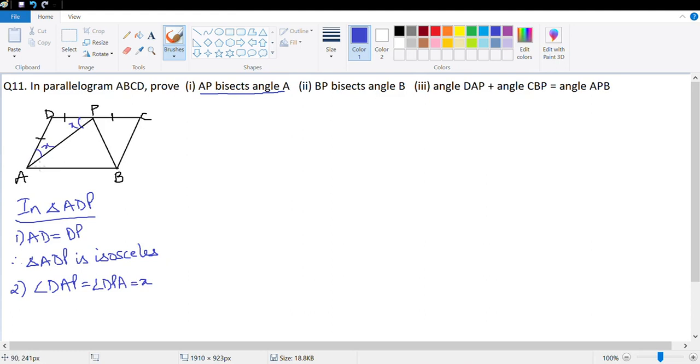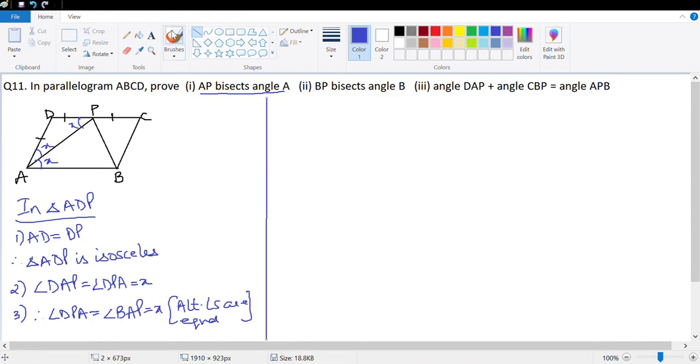Now if this is X, this also is X because these are alternate angles. So let's write it down. Therefore, angle DPA is equal to angle BAP is equal to X. Alternate angles are equal. Done.